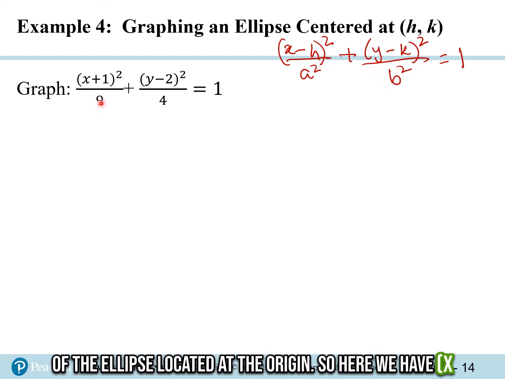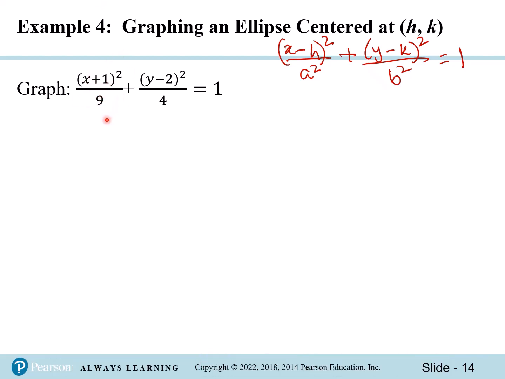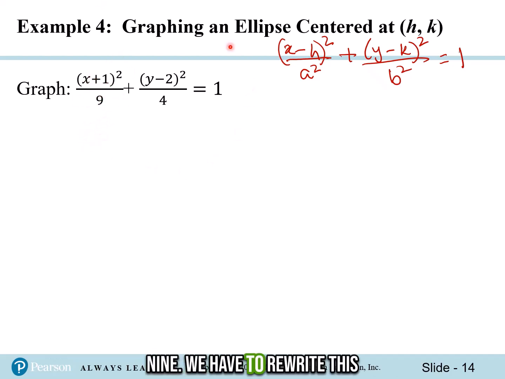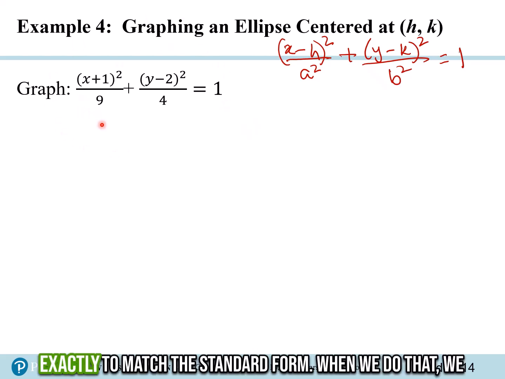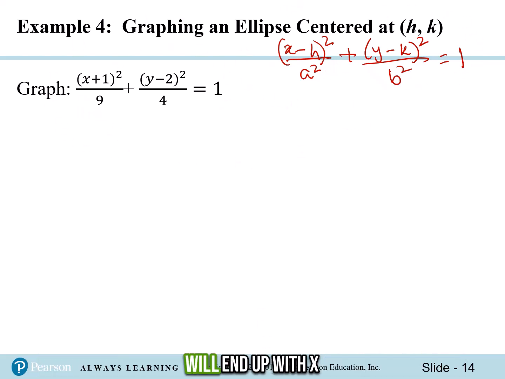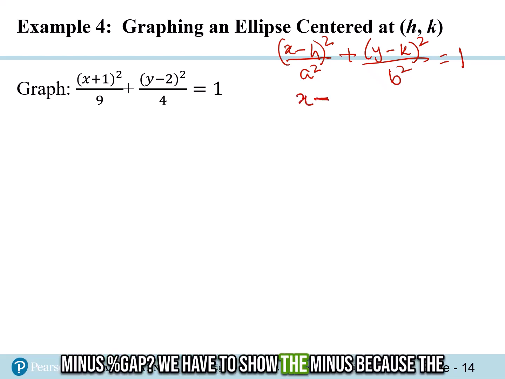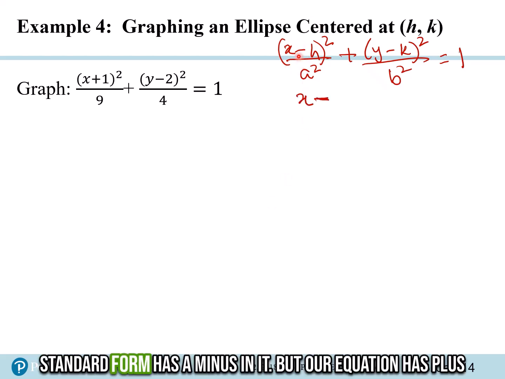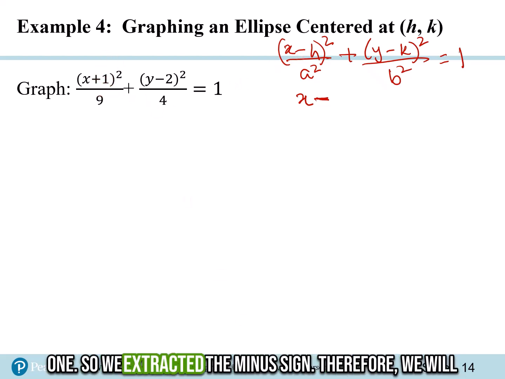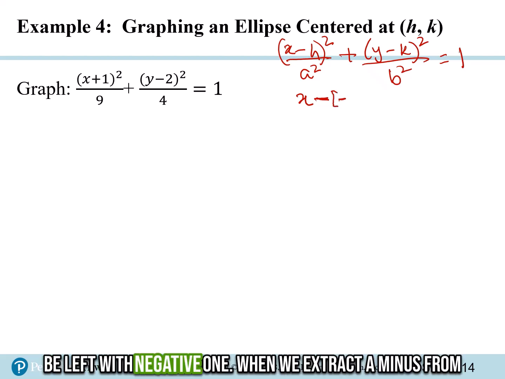So here we have x plus 1 whole squared divided by 9. We have to rewrite this exactly to match the standard form. When we do that, we will end up with x minus, we have to show the minus because the standard form has a minus in it, but our equation has plus 1. So we extracted the minus sign, therefore we will be left with negative 1.